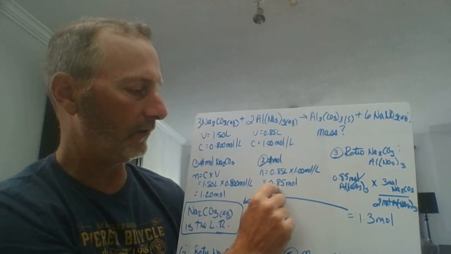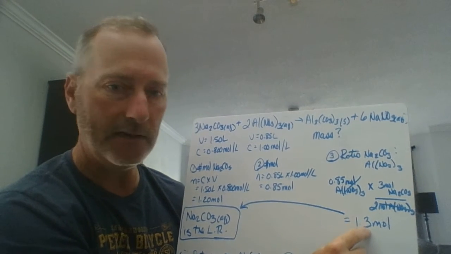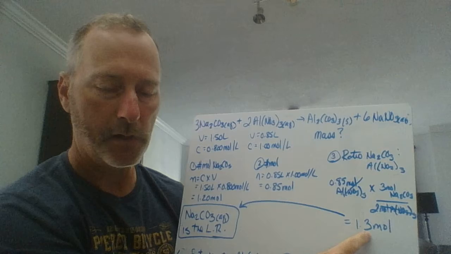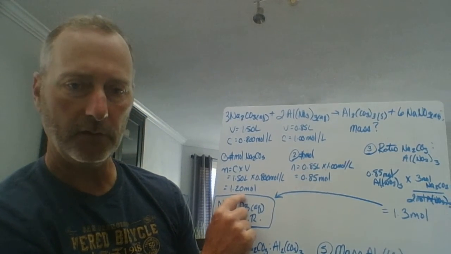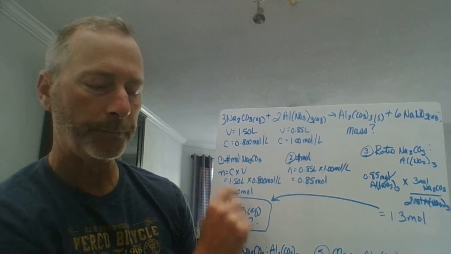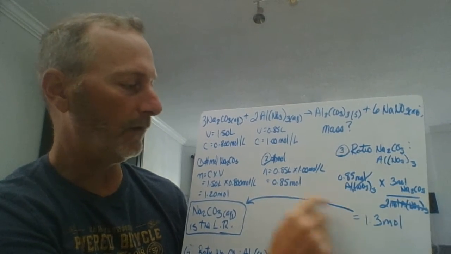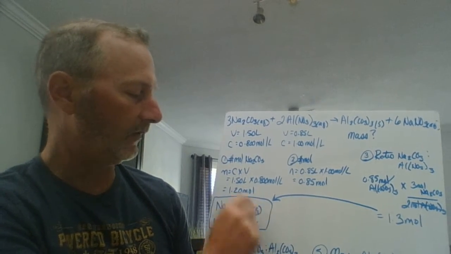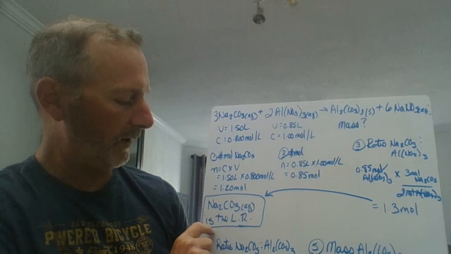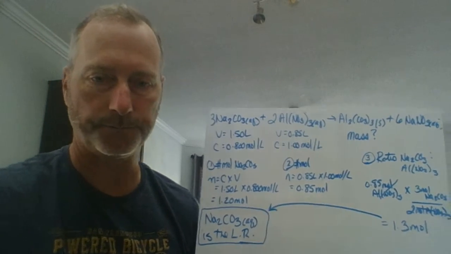If I have 0.85 moles of aluminum nitrate, I need 1.3 moles of sodium carbonate. Well, do I have that much? Answer, no, I only have 1.2. If I only have 1.2, and I need 1.3 to use all this up, it means I can't use all this, which means sodium carbonate is the limiting reagent.